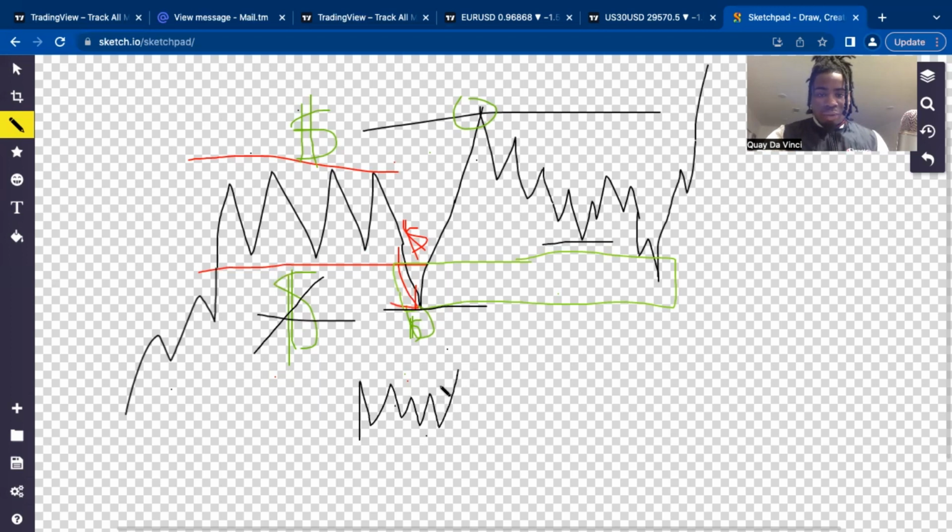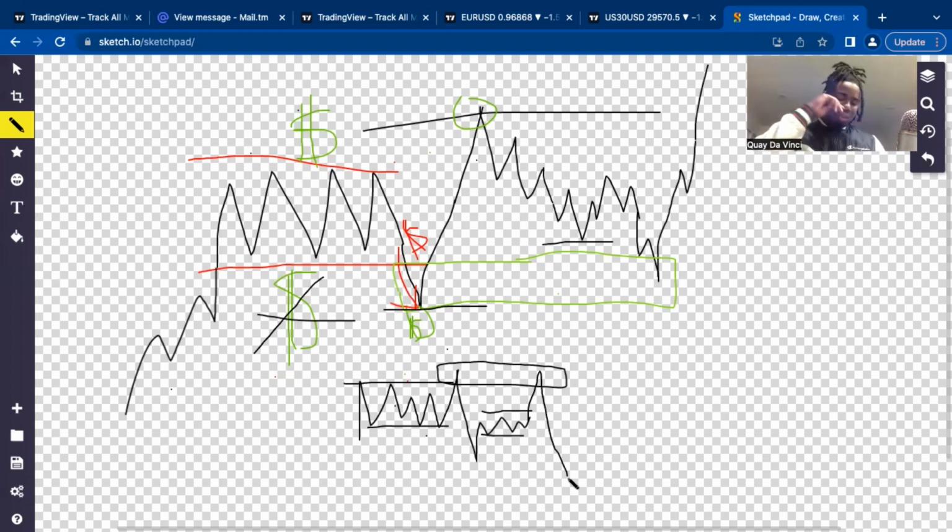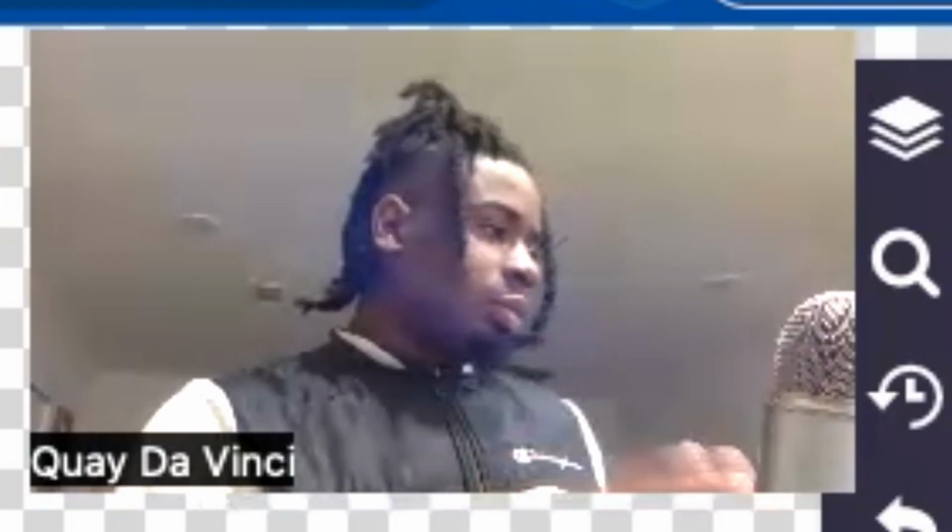They take liquidity from the top of this range, sell it down, come back, make some more liquidity to induce more people in, to have even more reason to tap back into this order block or demand zone that was created. It taps into it and leaves people behind. So y'all can take a picture of that, do whatever y'all want to do with it.